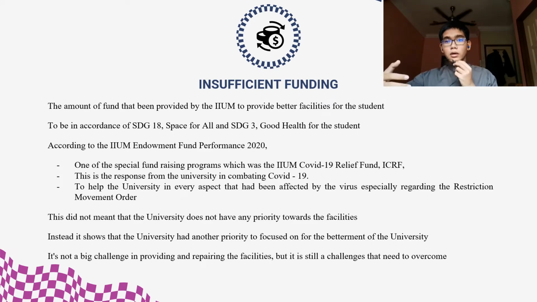As we all know, if we want better facilities, we need funds, we need the money to get such things. So, in accordance with SDG 18, Space for All, and also SDG 3, Good Health for Students and Staff, we need to have better facilities and we need fundraising for the facilities. And as we all know, one of the issues is that we don't have sufficient funds.